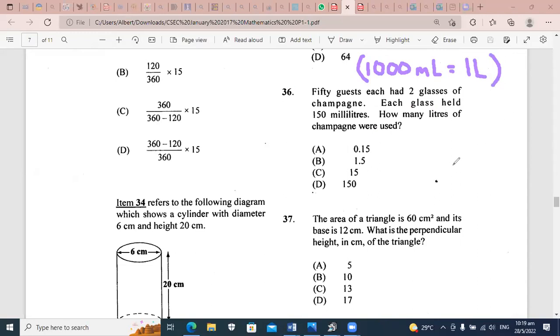All right. Anybody else? B. Okay, I hear 1.5. So your second person says 1.5.